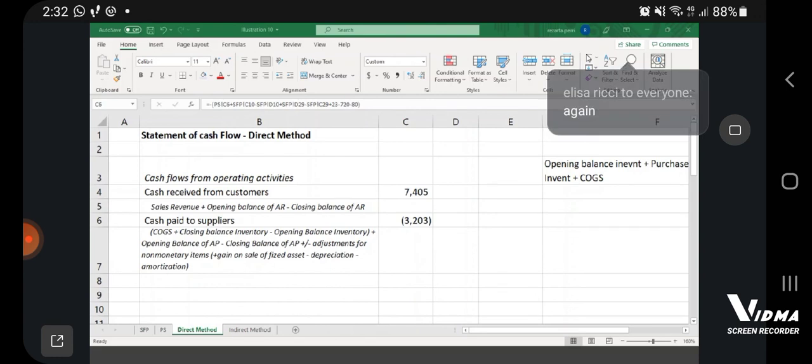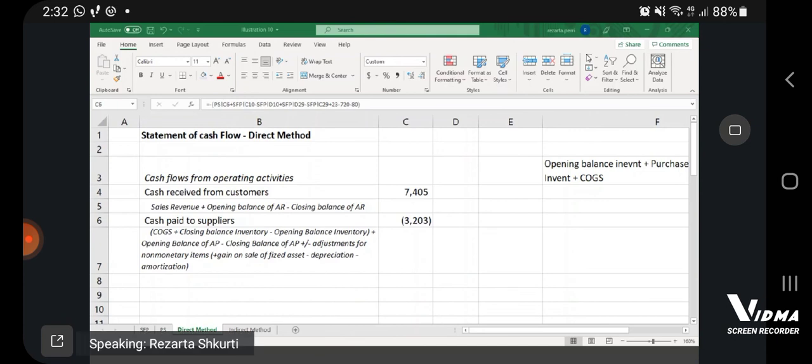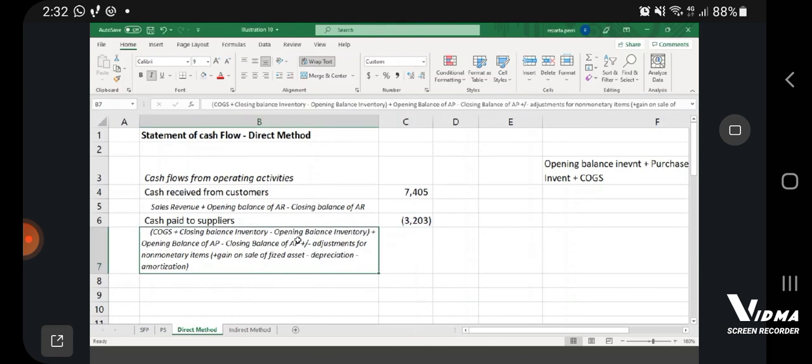Again, okay. For Elisa and for the others that maybe have not understood but are not writing, let's go again through the calculations of cash paid to suppliers. Remember, the formula is over here, always. We start with the cost of goods sold.